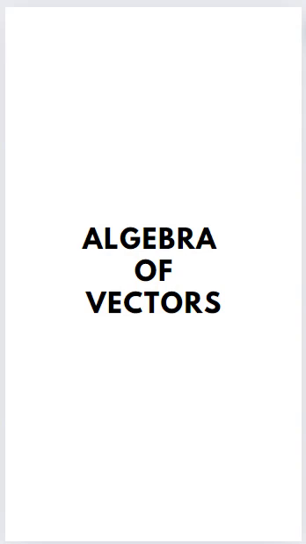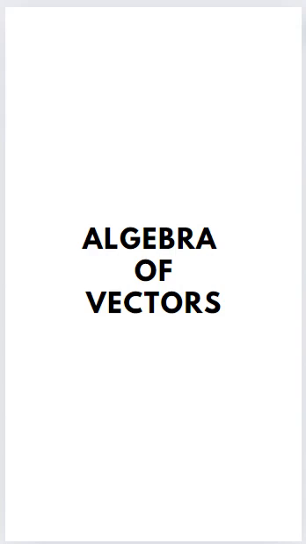Let us go one step further, and this time we shall get into the algebra of vectors. Vectors cannot be added or subtracted like scalars. For example, 2 kg plus 3 kg becomes 5 kg in scalars. But the same principle is not true in the case of vectors.